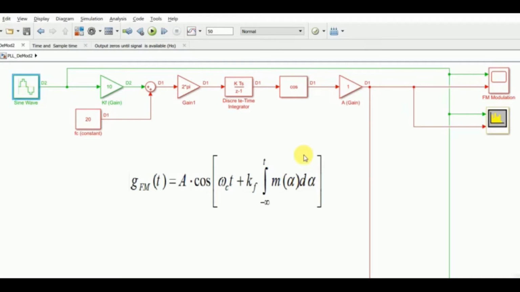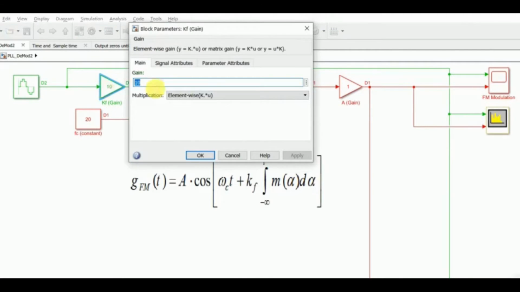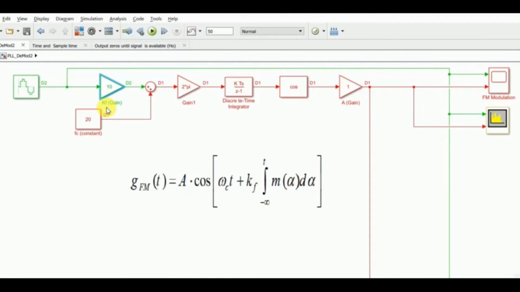So this is our message signal, and then we have kf, that is the sensitivity parameter. So this is represented in terms of a gain block, and I have set the value of that equal to 10. Okay, so note that this is not kf, this is kf by 2 pi. So kf by 2 pi is equal to 10.